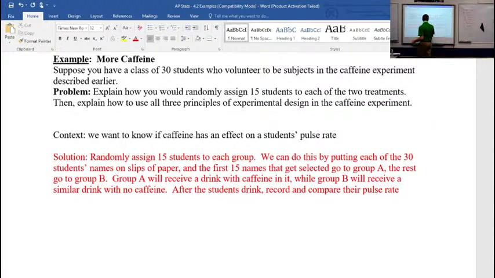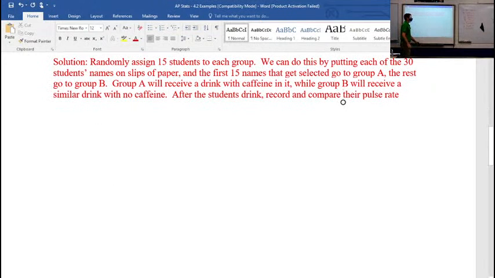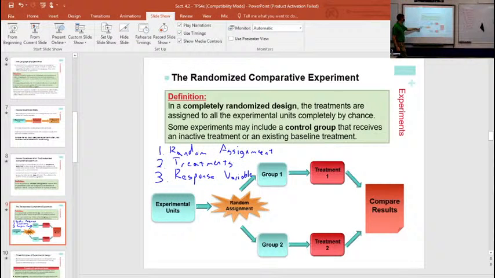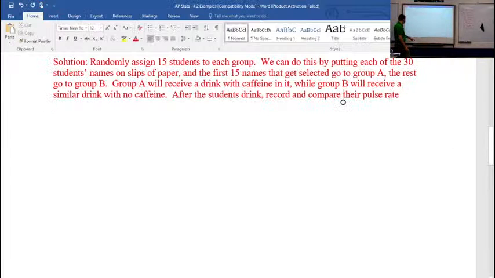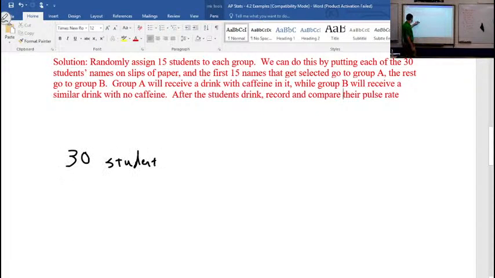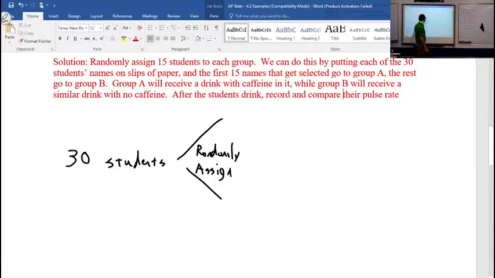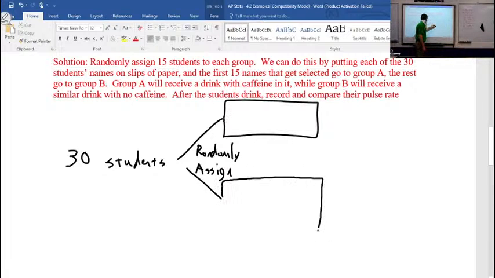And a lot of times, a lot of people like to use a diagram for this, similar to the one that was over here. This kind of diagram. So in this case, it would look like we have 30 students. And over here, we're going to put randomly assigned. Into our two groups.